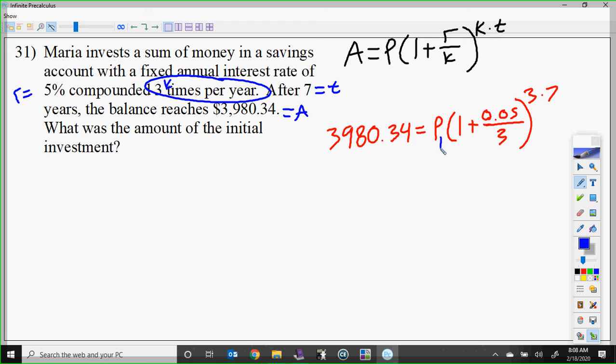I can put all of this in my calculator and just get a number out. I got 1 plus a 0.05 over 3. I got 3 times 7. Make sure I type that in right. Alright.